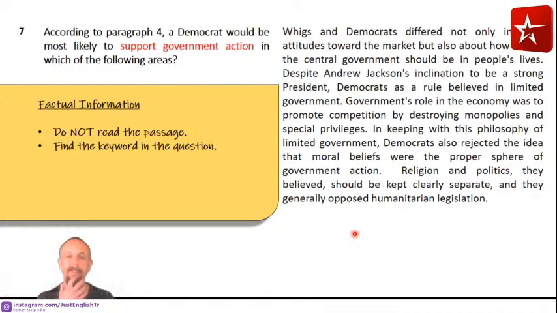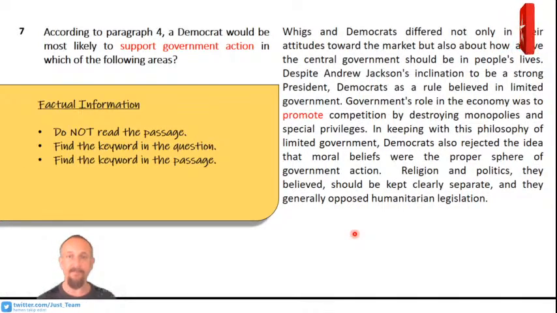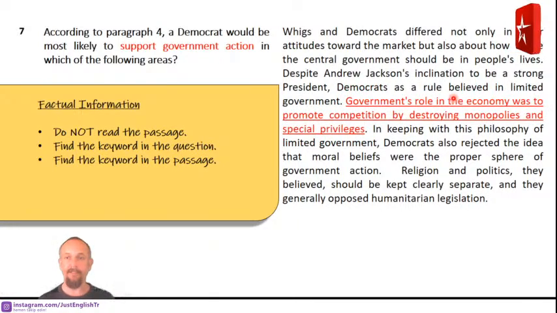So we need to think of a synonym of to support something, and I'm going to give you the answer. The synonym would actually be promote. The government's action, their role in the economy, was to promote competition. And here, Democrats, as a rule, believed, we have the idea of what they thought. So we're promoting the idea, and we're going to restrict the information that we need here. So the government's role in the economy was to promote competition by destroying monopolies and special privileges.